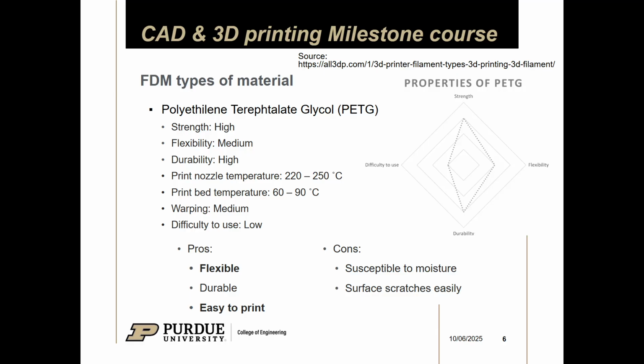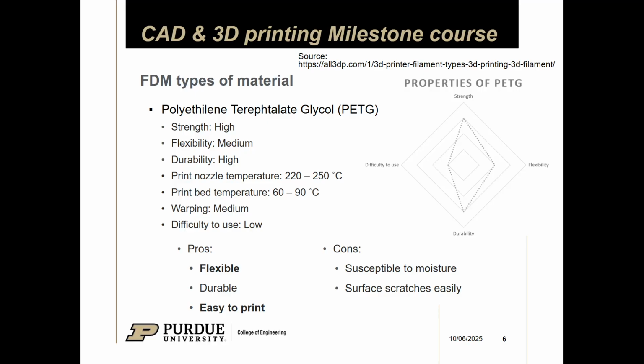PETG, I would say, is probably the second most popular filament today after PLA. It's kind of a middle between PLA and ABS, so it has a little bit more temperature resistance. It's not quite as temperature resistant as ABS, but it won't melt in your car.